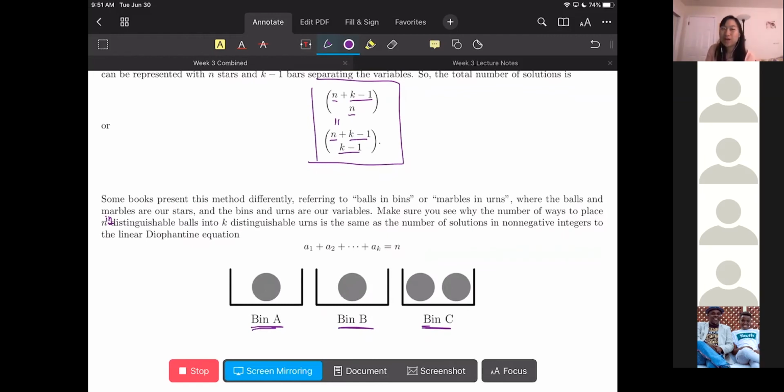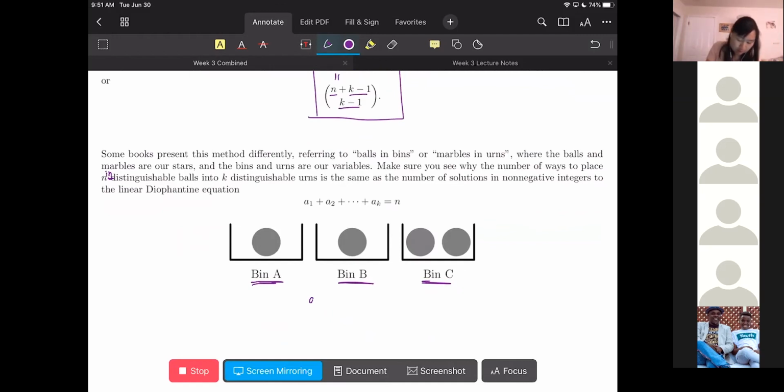Do you all see why that's the same as the number of solutions to this equation? Or in this case, it would be A plus B plus C equals 4. So in this drawing, for example, the number of balls I put in bin A is just the value for A. Number I put in bin B is just the value for B, and the number I put in bin C is the value for C.